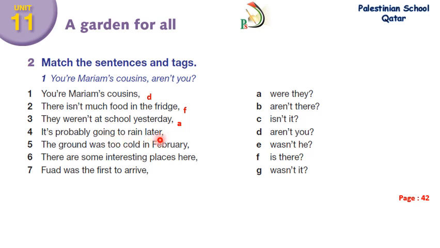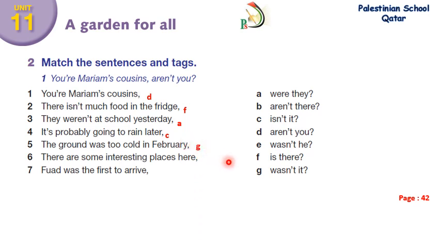It's probably going to rain later. Did you guess the answer? Try to answer. I'm waiting for you. One, two, three. The answer is C. Yes, very good. The ground was too cold in February. Did you guess the answer?